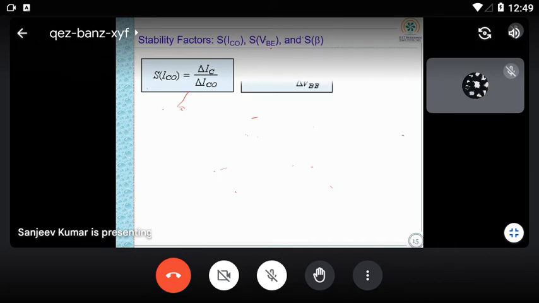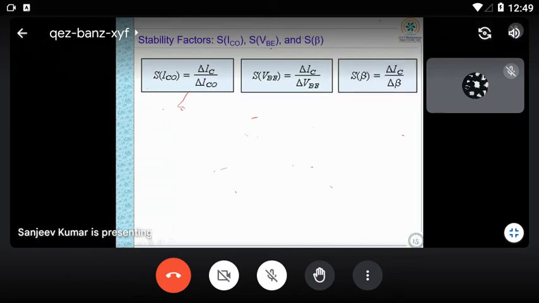So stability is the change in IC divided by the change in leakage current, or change in IC with respect to change in base emitter voltage, or change in IC with respect to change in beta values. These are the formulas used to calculate stability in a circuit.